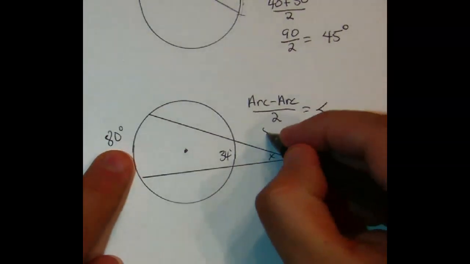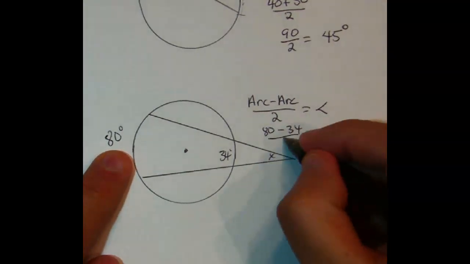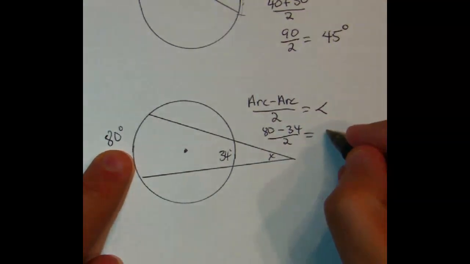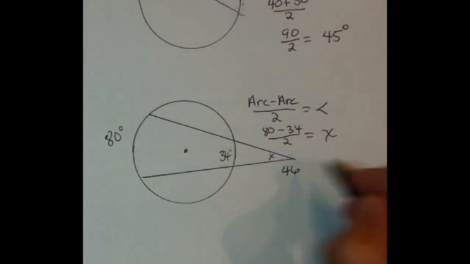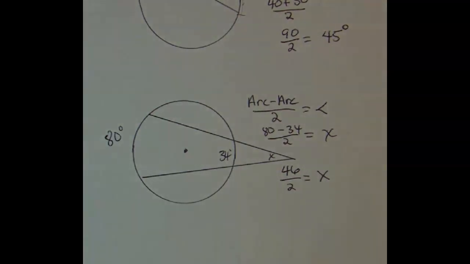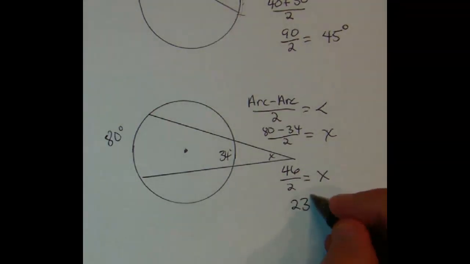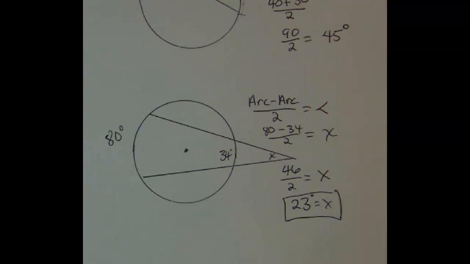So this would be 80 minus 34 divided by 2 equals x. 80 minus 34, that's 46, divided by 2, and that would give you 23 degrees. And if you take a protractor and measure it, you should get around 23 degrees. And that is the 3 formulas we're going to use.